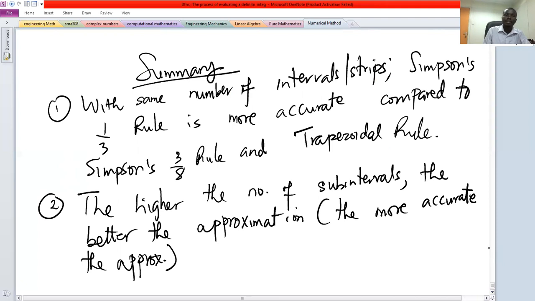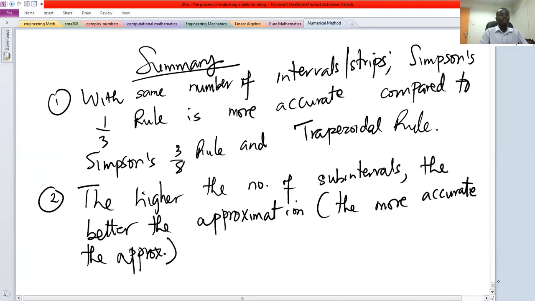And in this case, comparing the same number of intervals, Simpson's 3/8 rule answers are also more accurate than what we got for the same number of strips in the trapezoidal rule. So that's a summary on how to deal with those three kinds of numerical integration methods.